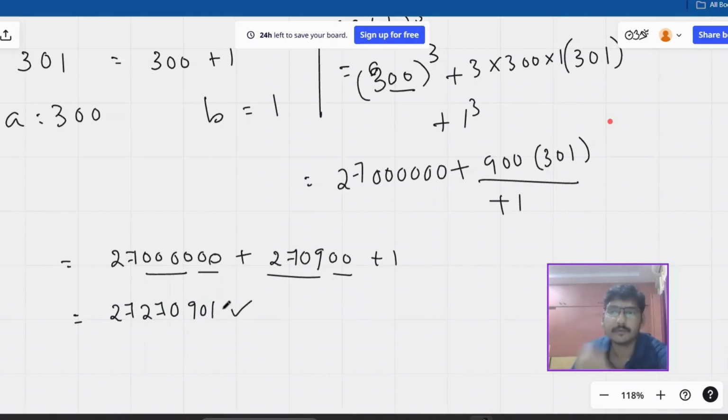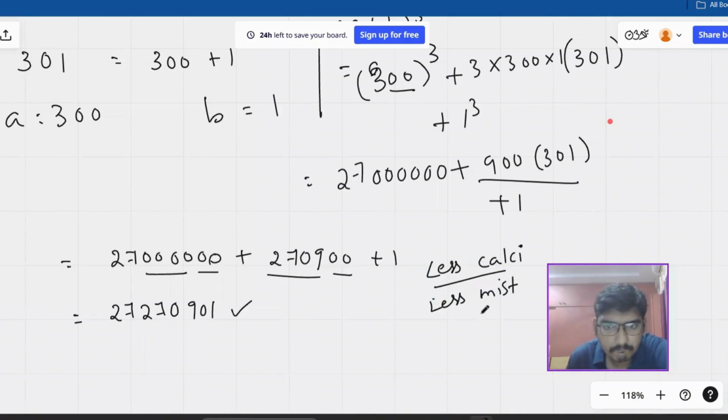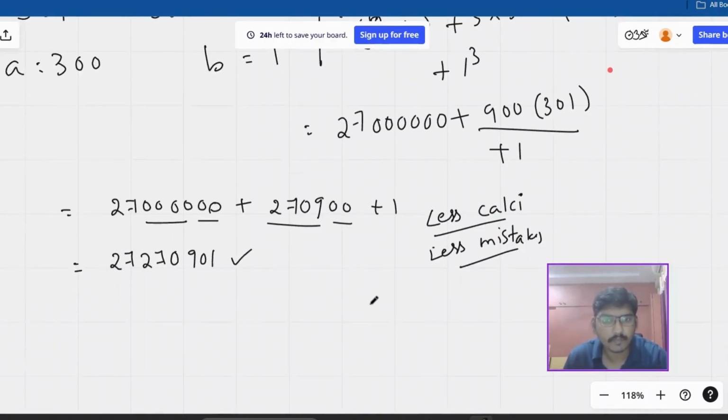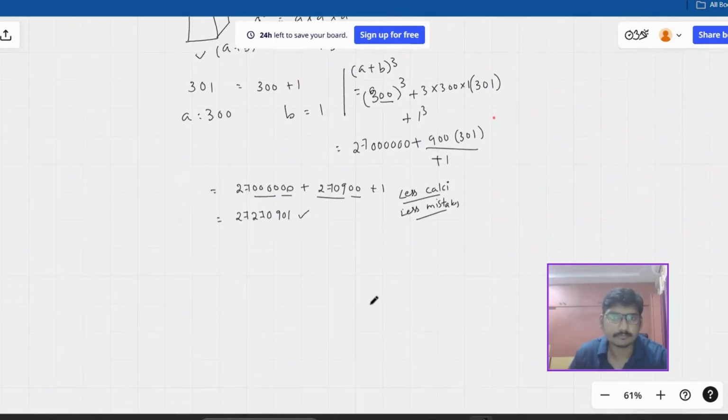In this method you have less calculation and you have less mistakes. Let's check another method.